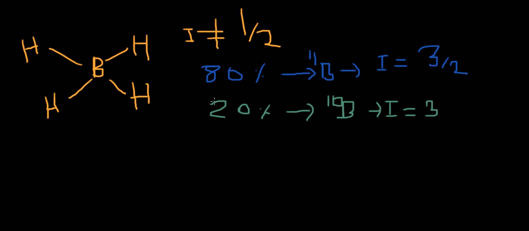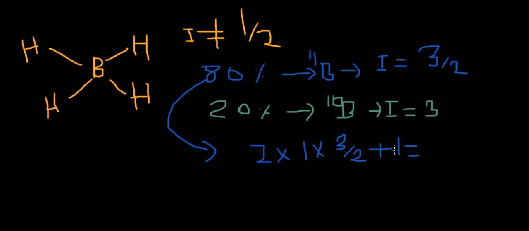So for the 80%, what will be the peak number? 2, n equals 1 because there is one boron atom, and I equals 3/2. So the answer will be 4.